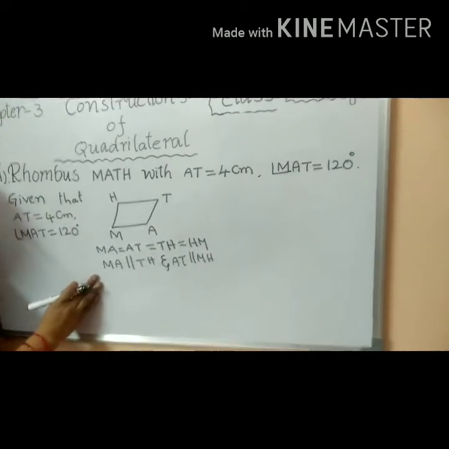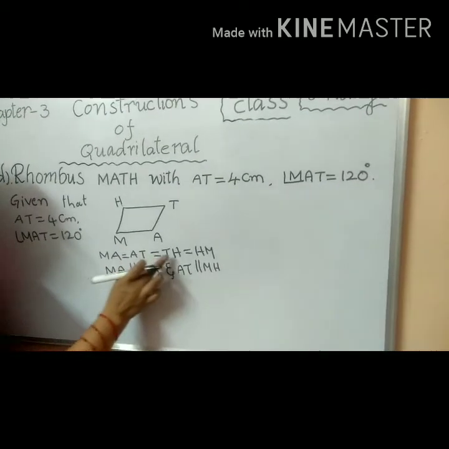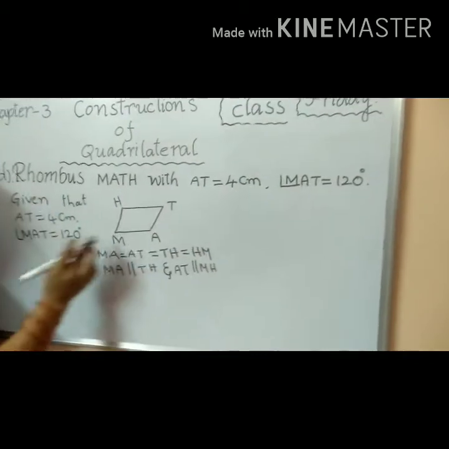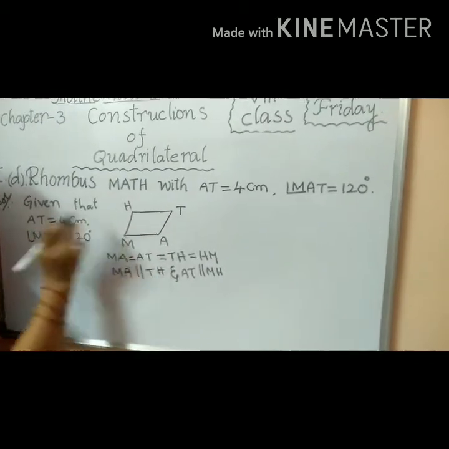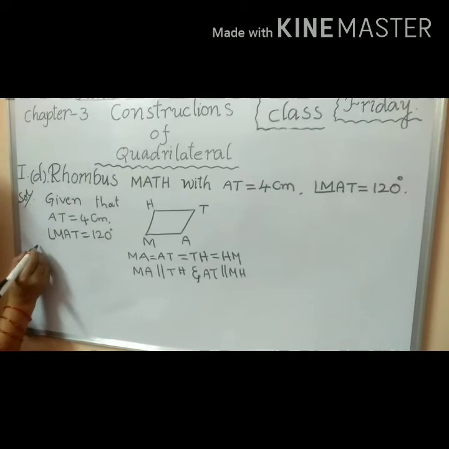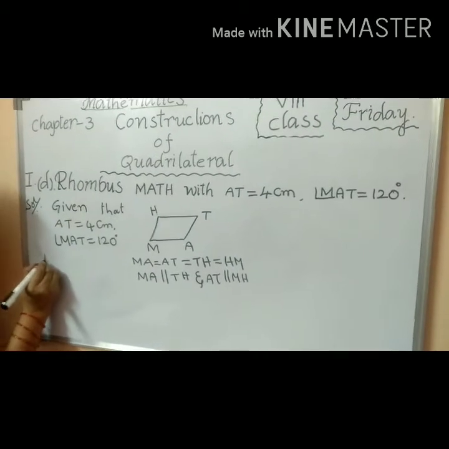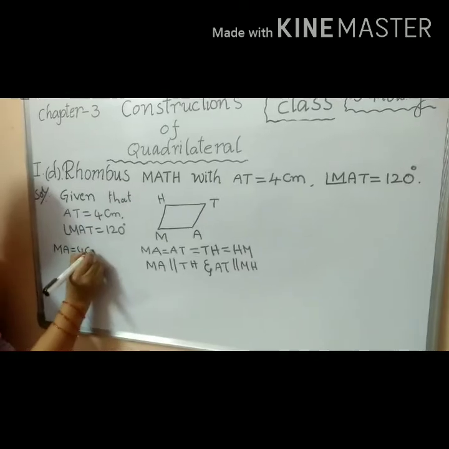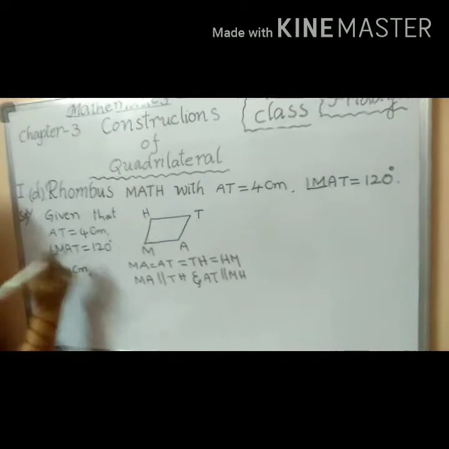Here, all sides are equal, so AT equal to 4 centimeters is given, and the remaining sides are also the same. Now write MA equal to 4 centimeters, already given as AT.